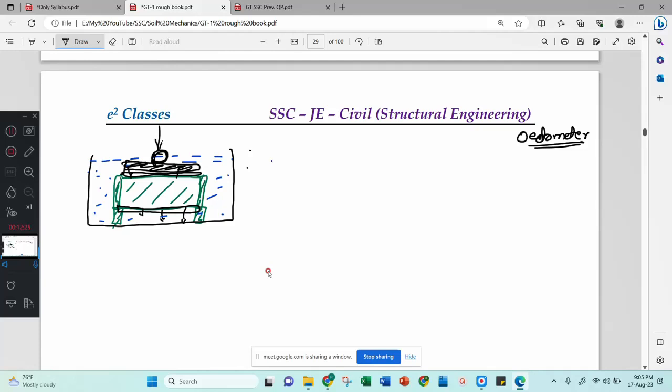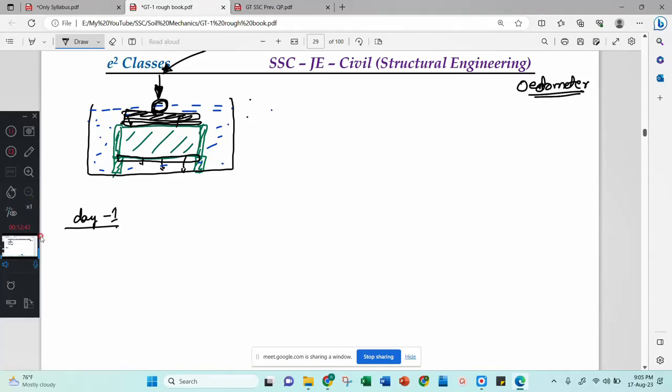Then I will apply load here. Now very interesting: how much load do I have to apply here? The test is started for day 1. This is the first day. Then the tabular column is like this: a time and a displacement.